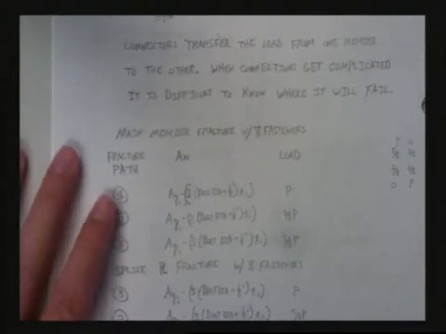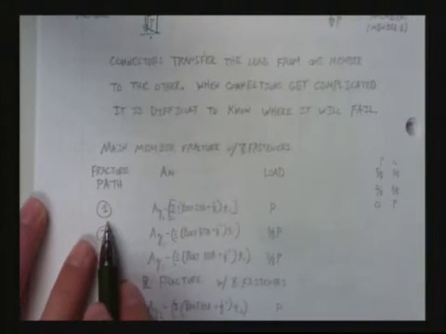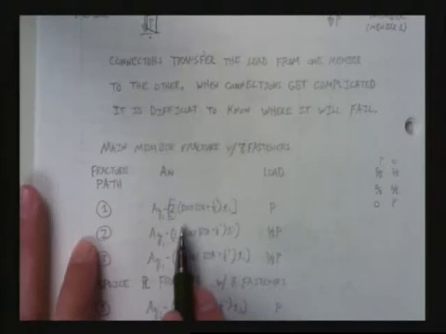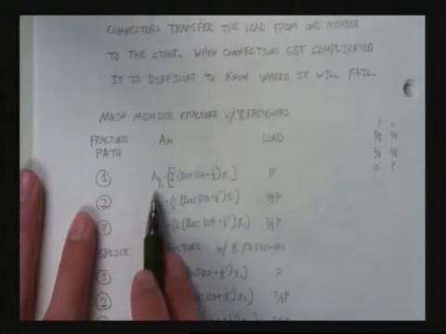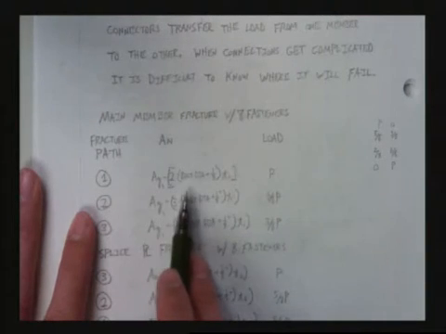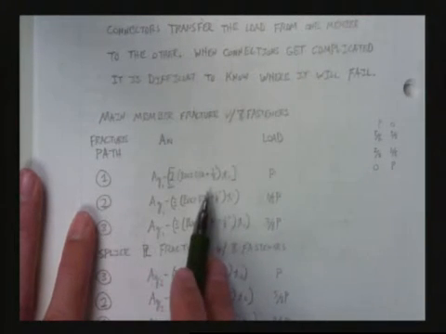You'd say, okay, let's just say I look at fracture path 1. So if I talk about my area net, it's going to be my area gross minus 2 bolt diameters plus 1/8 of an inch.